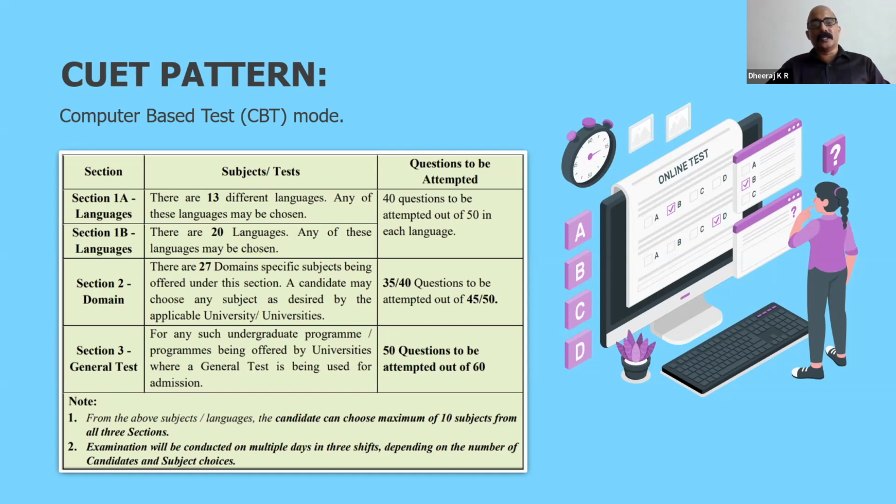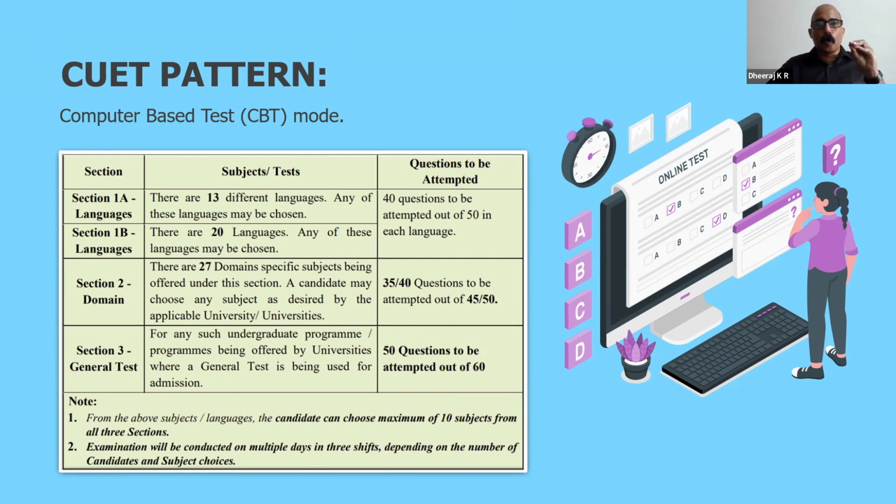Coming to the domain subject, the syllabus is purely what you learned in +2. Whatever the content in your NCERT textbook, that will be your syllabus for the CUET exam for the domain subject. I will give you an example.